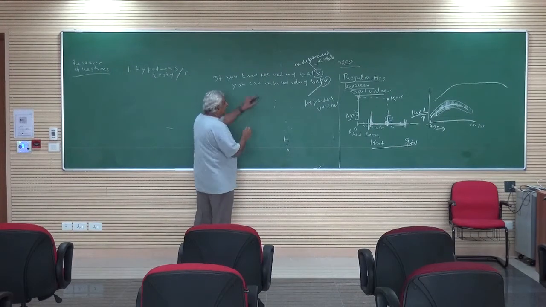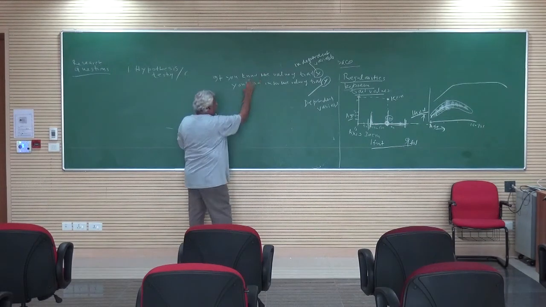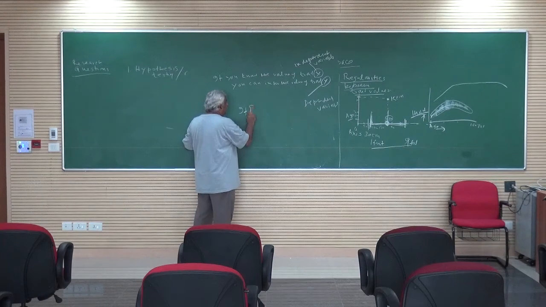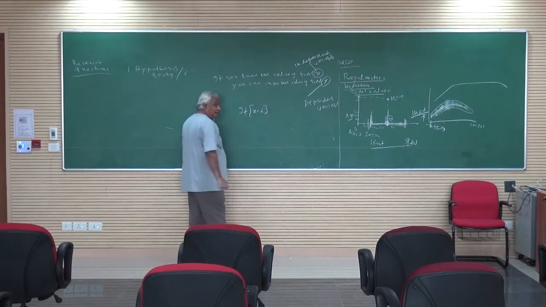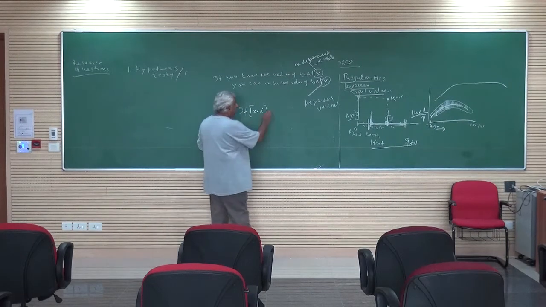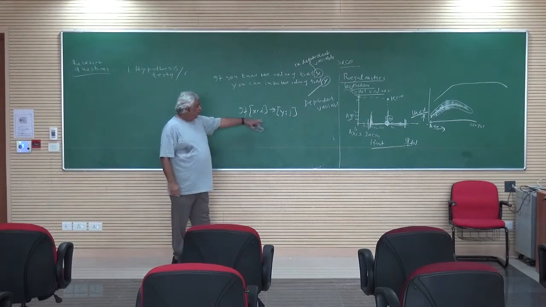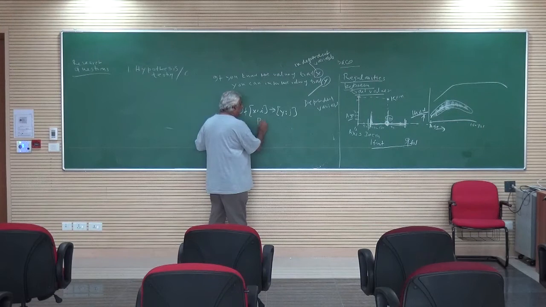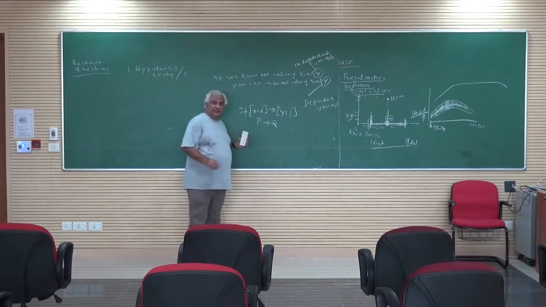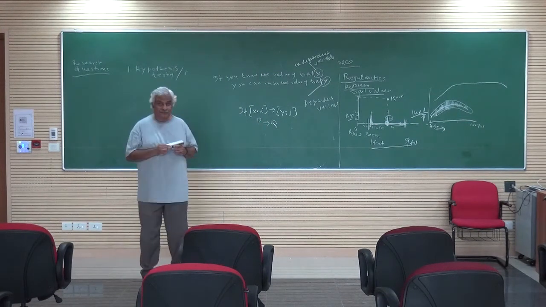So what you're saying, to represent what I've said just now, if the value of X is, let us say, I, then the value of Y is J. This is in the form of if P, then Q in propositional calculus.